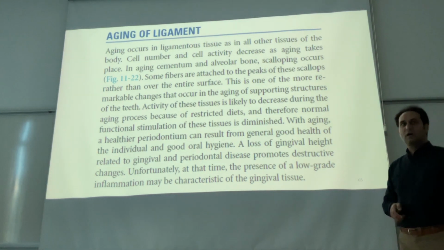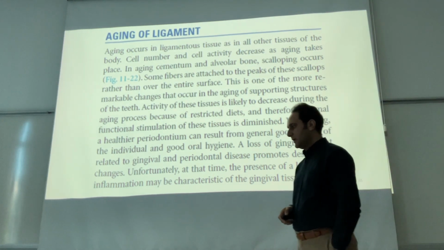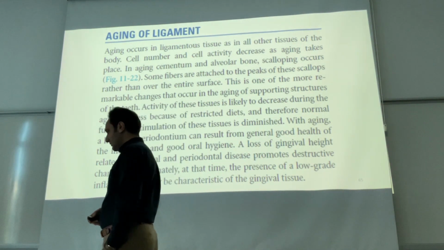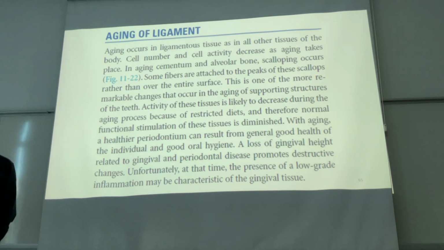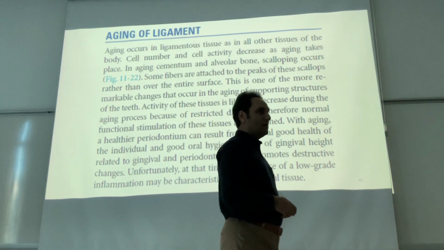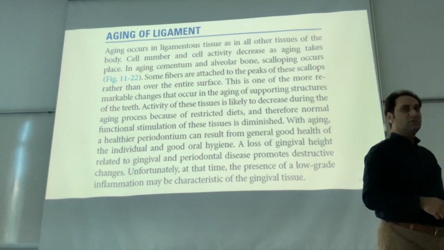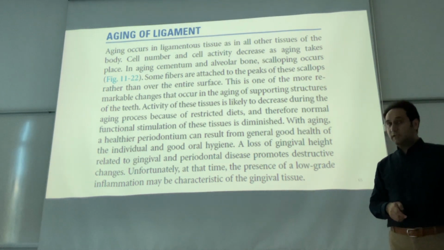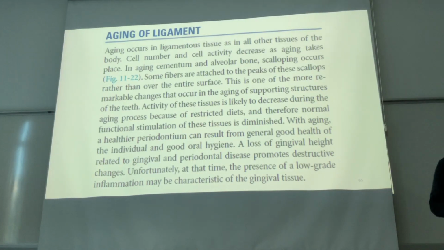What is aging of the periodontal ligament? When our periodontal ligament loses its function, that is aging of the periodontal ligament. In this condition, the number of fibers decreases, the fiber structure becomes a little harder, sometimes bone tissue invaginates into this part, and the thickness of the periodontal ligament becomes lower than normal.